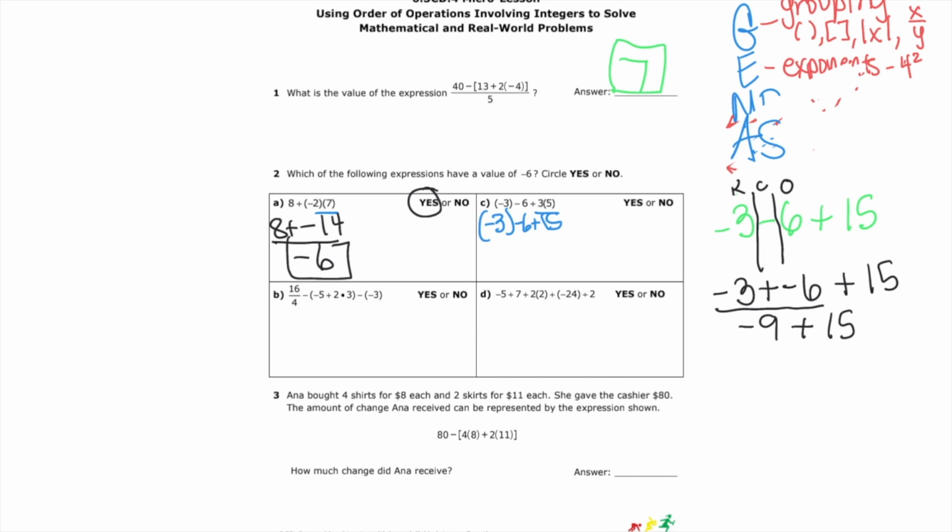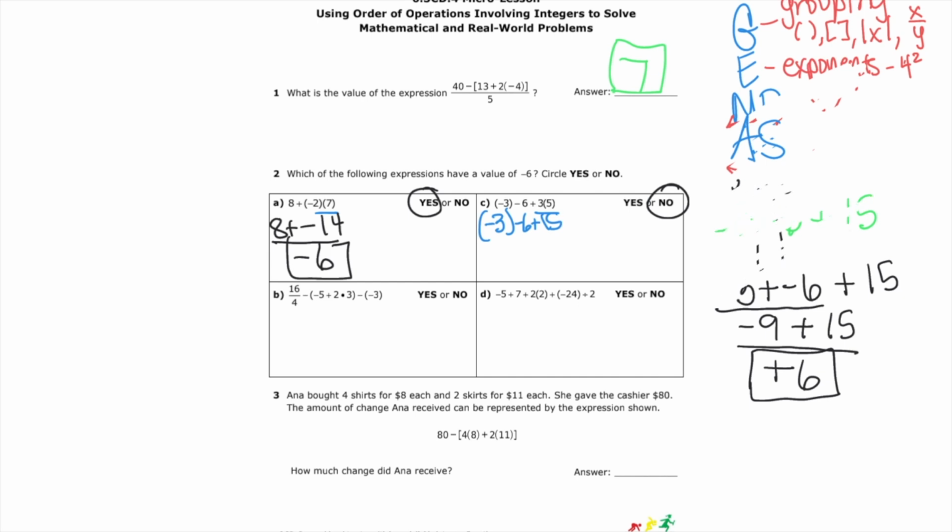Do I have more positives or more negatives? You have more positives, so your answer is going to be positive. The difference between 15 and 9 is 6. So it's still 6, but it's not what I'm looking for. I'm looking for a negative 6. So letter C is not correct.